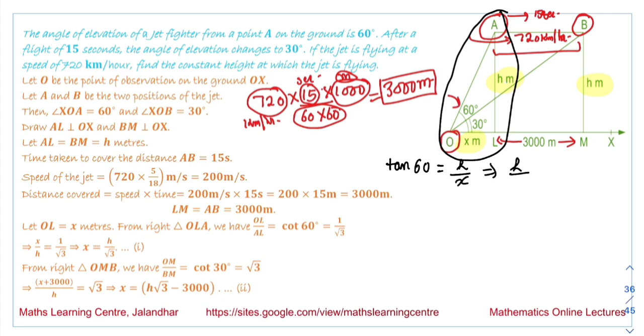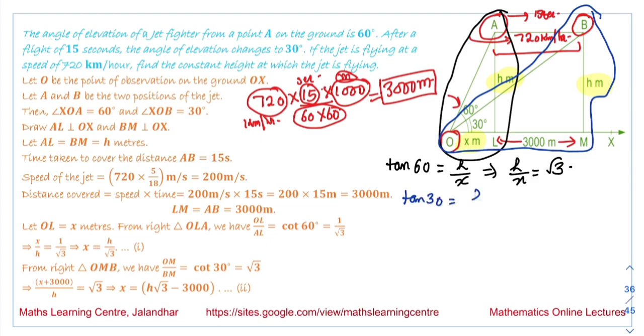So this gives us h by x is equal to root 3. In the triangle BOM we have tan 30 equal to h over x plus 3000, and this is equal to 1 by root 3. The value of h we get from this is root 3 times x.